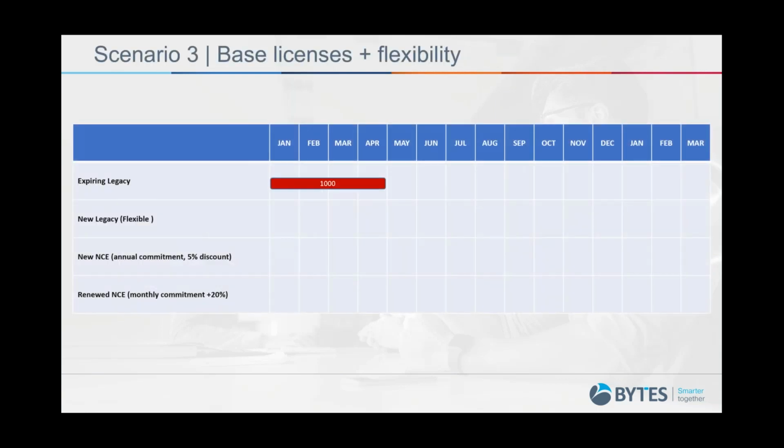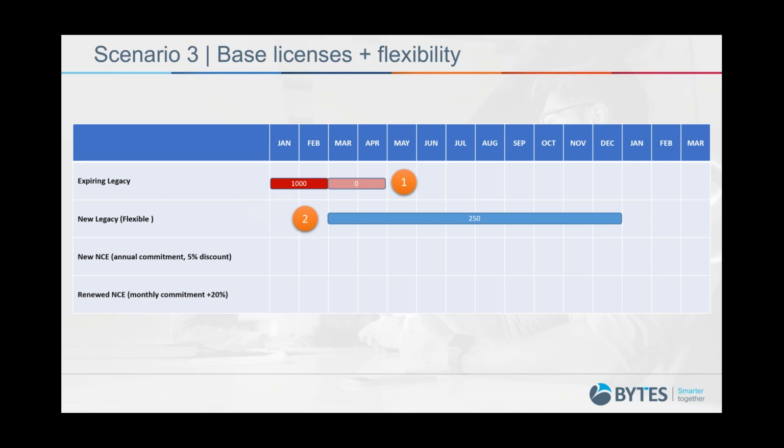Or a similar example again, 1,000 users renewing early. Let's bring that forwards into Feb. Like the previous example, it's 1,000 users, bring it forwards, but this time we want to offer some flexibility.